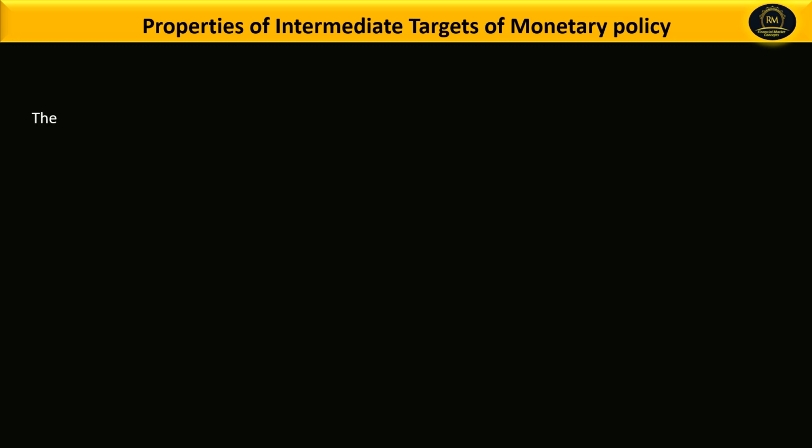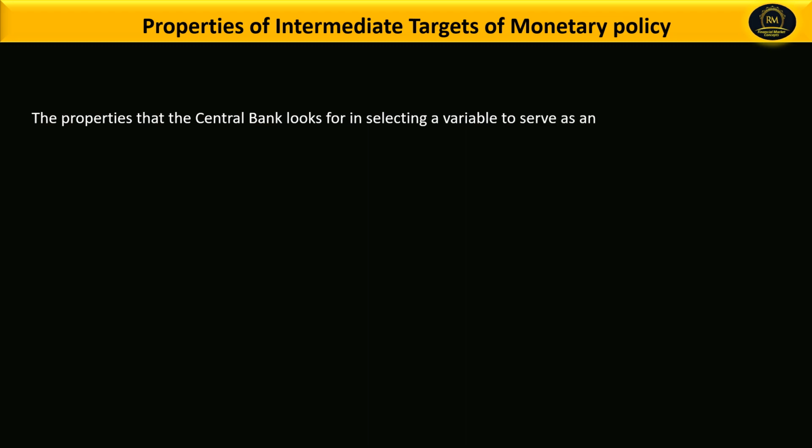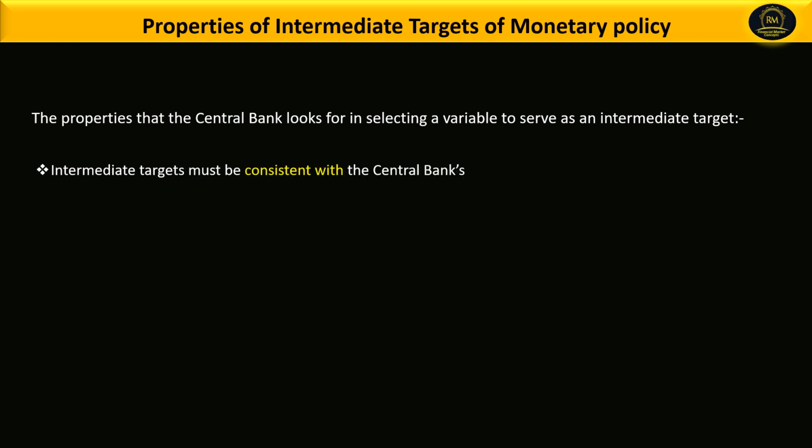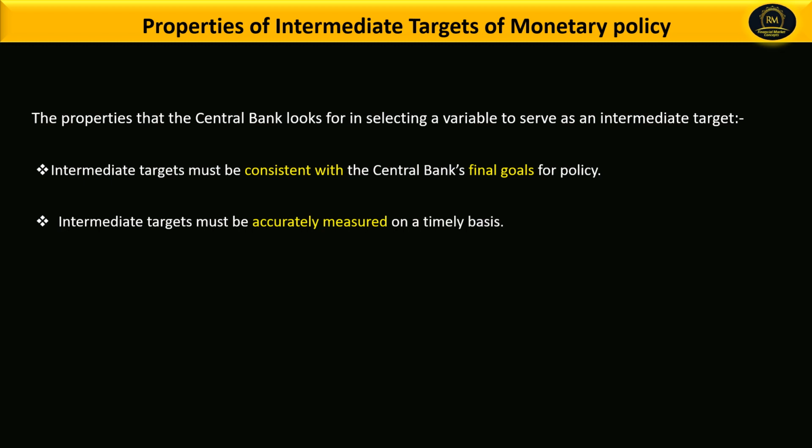So let's see the properties that the central bank must look into in selecting the variables to serve as an intermediate target of monetary policy. Number one, the intermediate target must be consistent with the central bank's final goal or target of monetary policy. Number two, it must be accurately measured on a timely basis.